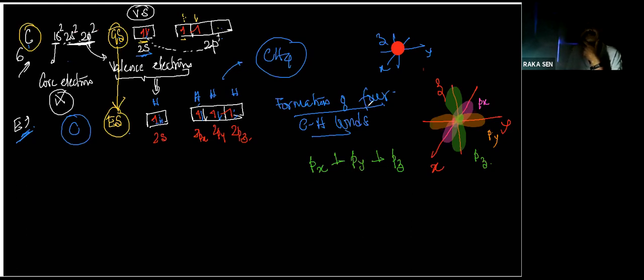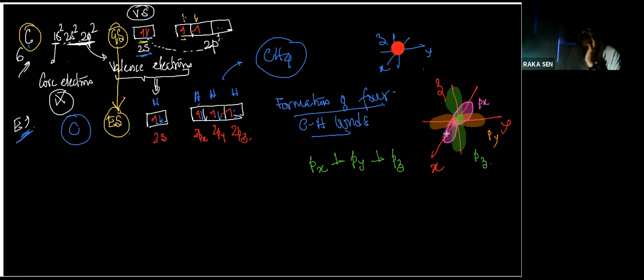Now let's look out here. Now I have got 4 hydrogens, right? Just remember that this is one orbital only. It has got 2 lobes, but this essentially is one orbital. So one hydrogen is combining with 2px.